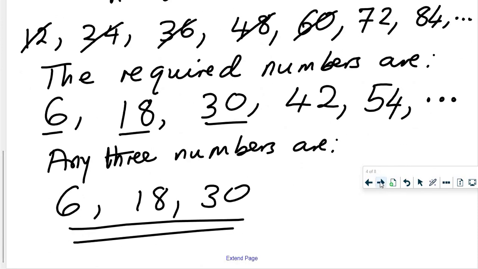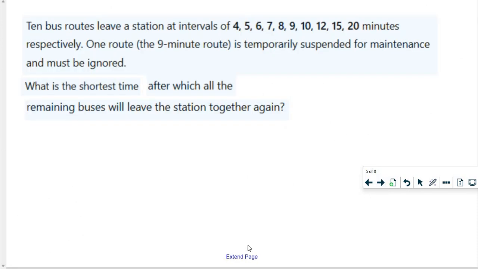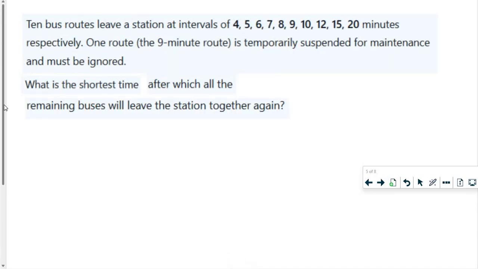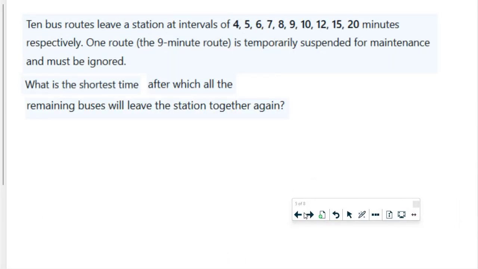Okay, so the next question. Ten bus routes leave a station at intervals of 4, 5, 6, 7, 8, 9, 10, 12, 15, 20 minutes. Those are 10 bus routes which leave stations at those intervals.